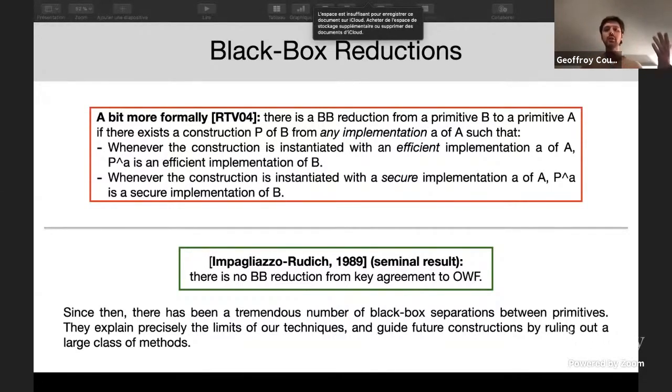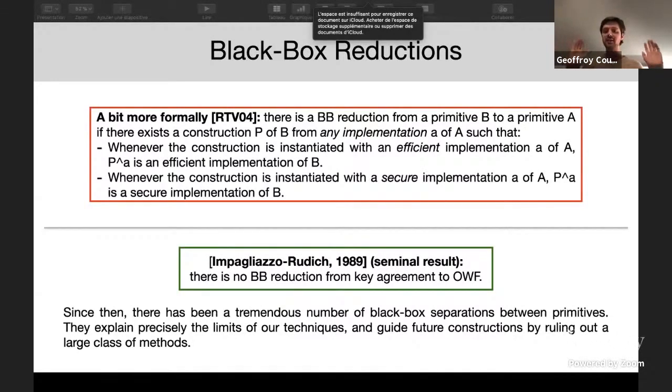The construction of B should be efficient whenever we have an efficient implementation of the primitive A, and secure whenever we have a secure implementation of the primitive A, in the sense that we have a reduction from an adversary against one to an adversary against the other.